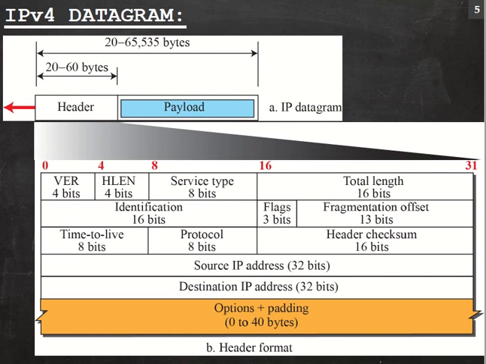Hope you're clear with this IPv4 datagram. From an examination point of view, it is a very important topic. Usually this question will be asked: explain IPv4 datagram. So you need to draw this diagram and explain each of these fields in 2 to 3 sentences.